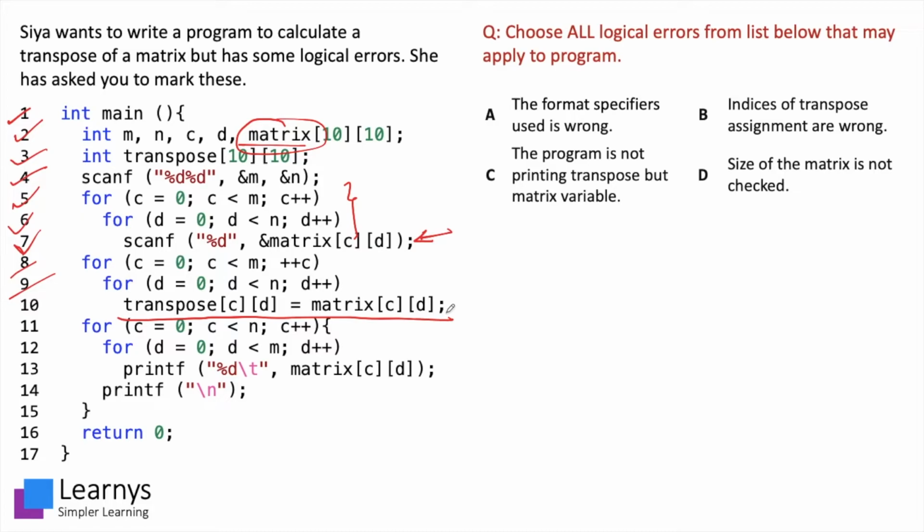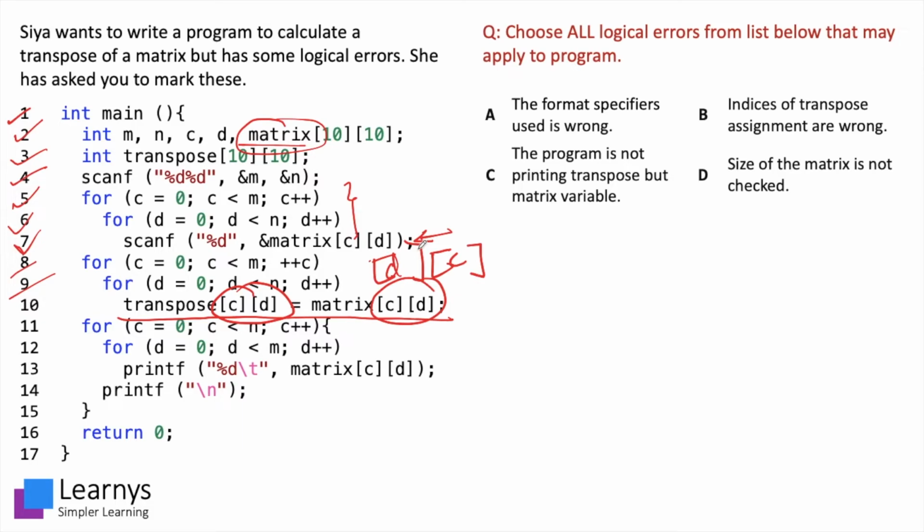Rather, we are just copying it. We are using the same indices, C and D, that are used here, while substituting the value in the matrix which I have titled transpose. Rather, it should be in the braces D and C, and not C and D. So that's another error we have found.